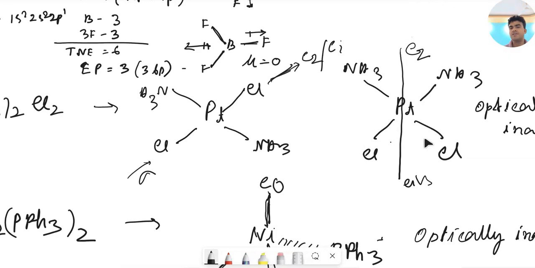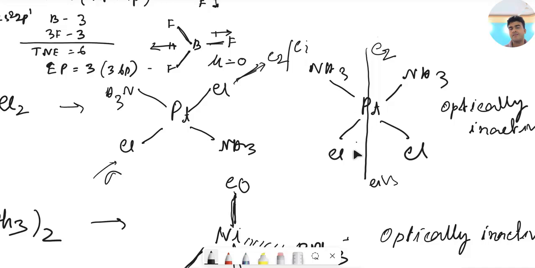Similarly, this is the cis isomer. The cis isomer also has a C2 axis of symmetry, a molecular plane of symmetry, and also a plane bifurcating the NH3-Pt-NH3 angle. So this will also be optically inactive.